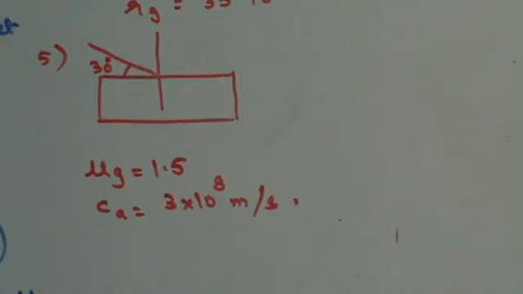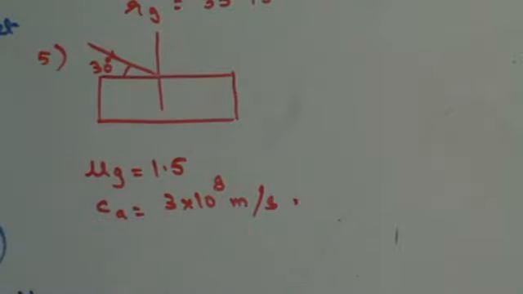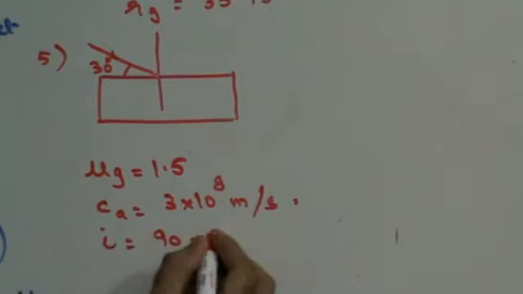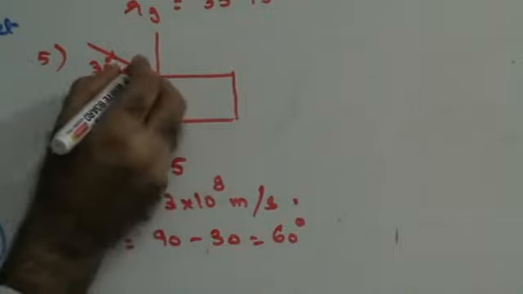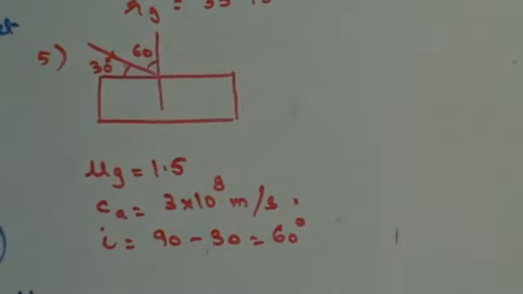Now they've said that the ray makes an angle of 30 degrees with the surface. If it makes an angle of 30 degrees with the surface, that means the angle of incidence is going to be 90 minus 30, which is 60 degrees. Why 90? Because the normal is always perpendicular to the surface and this angle is 30, therefore this angle has to be 60. So I come to know my angle of incidence.